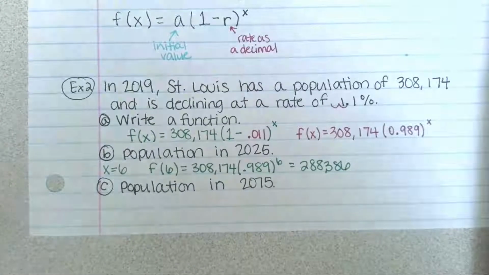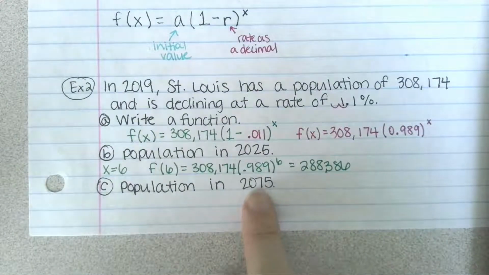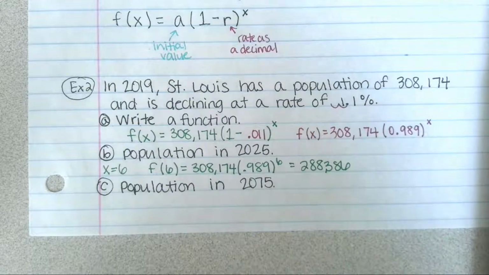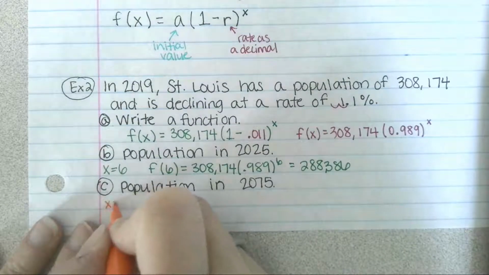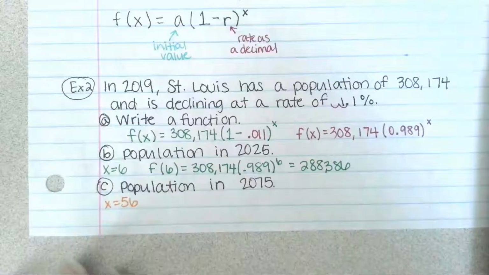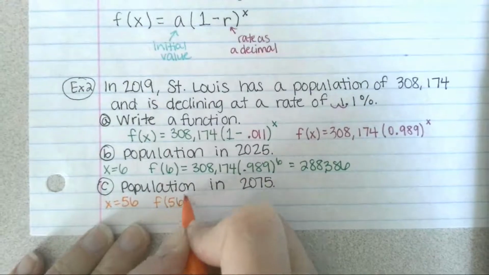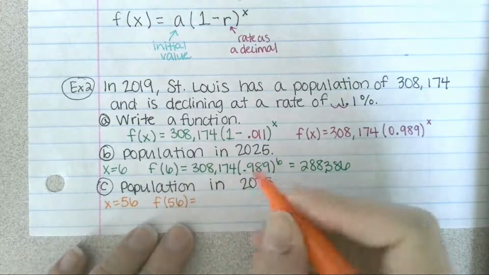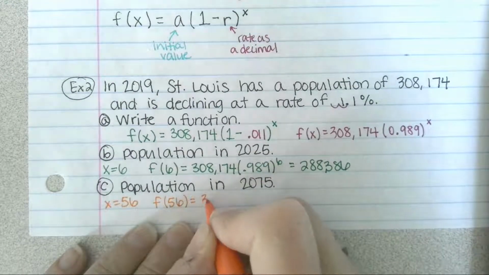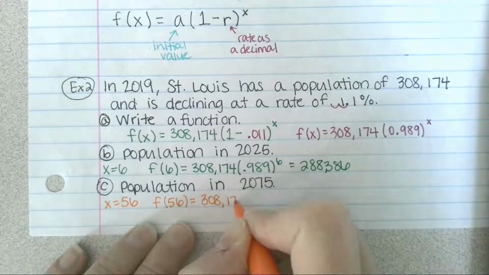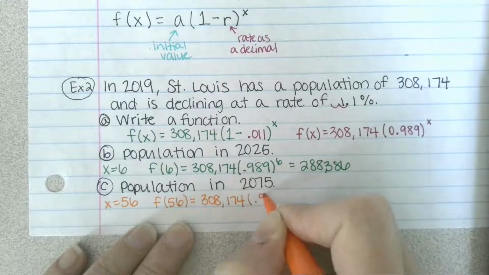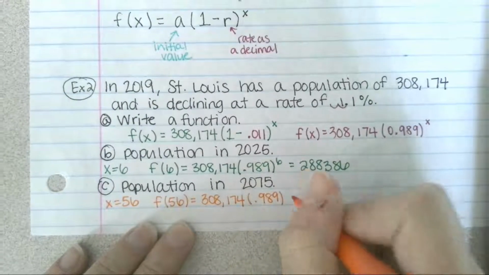Okay, last one up. Population in 2075. So 2075 minus 2019 is going to give me 56. So we're going to plug that in. F of 56 equals 308,174 times 0.989 raised to the 56 power.